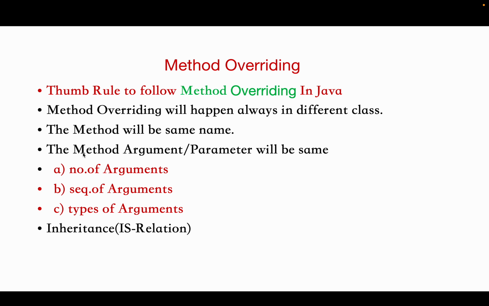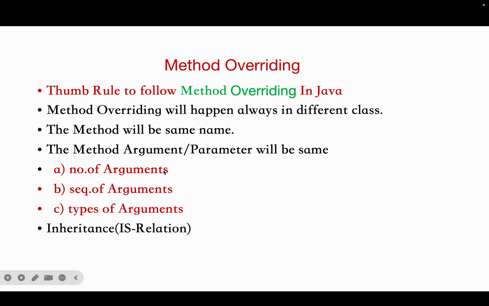Then the third rule: the method argument or parameter. Someone calls it a parameter, someone an argument, but both are the same. Inside the method, what you pass is called an argument or parameter. The method arguments or parameters must be the same in three ways: the number of arguments, the sequence of arguments, and the types of arguments.